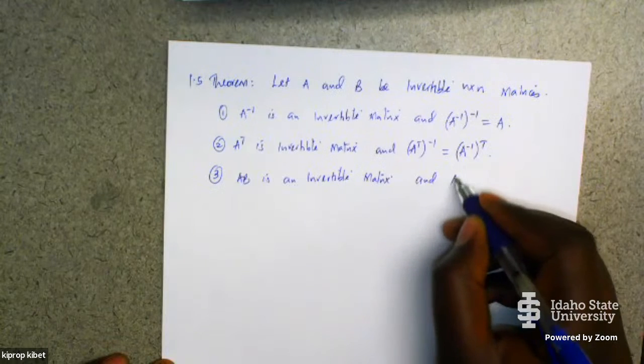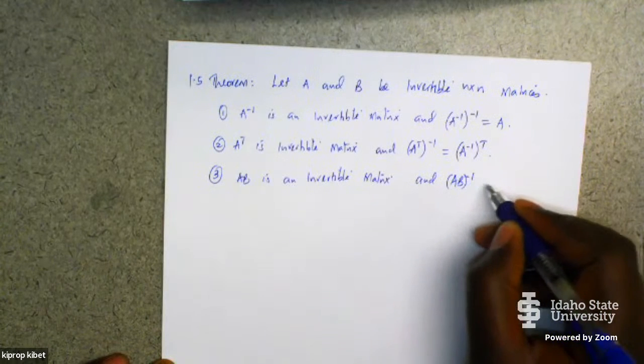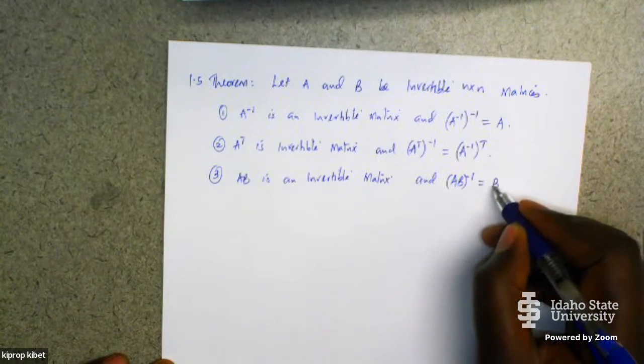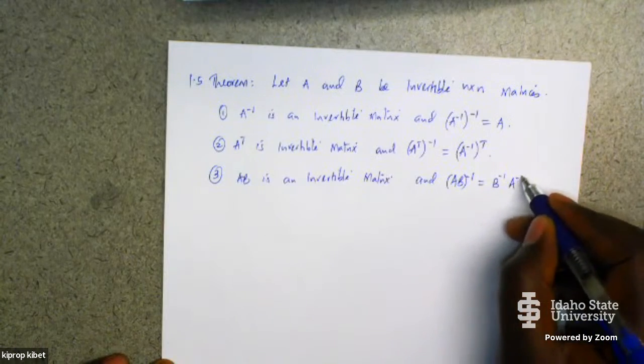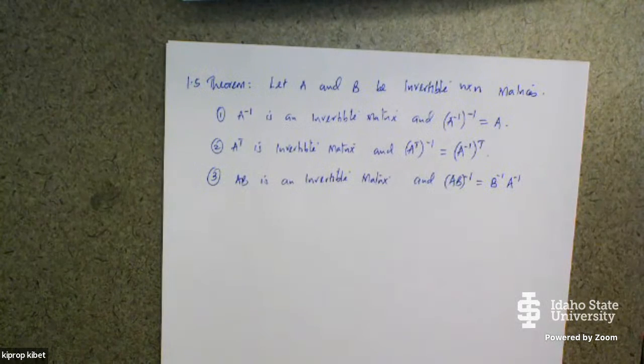And AB inverse is the same as what? B inverse, A inverse. It is, this AB inverse is not equal to A inverse, B inverse. It is equal to B inverse, A inverse.